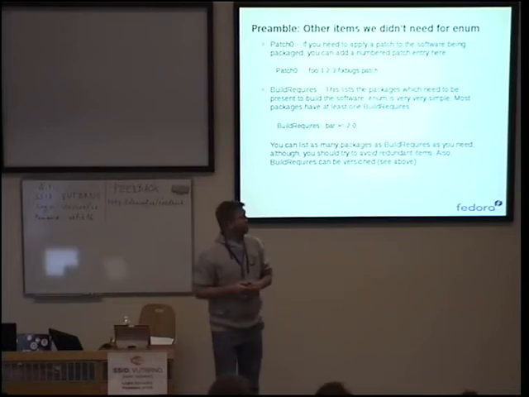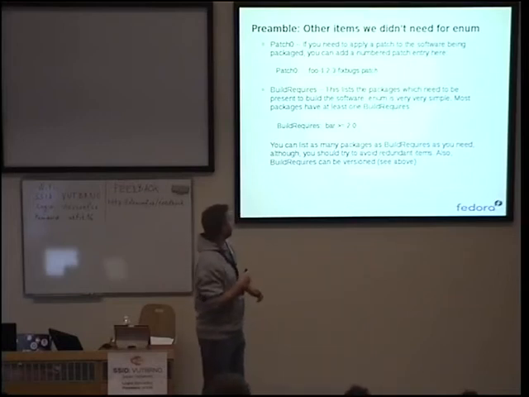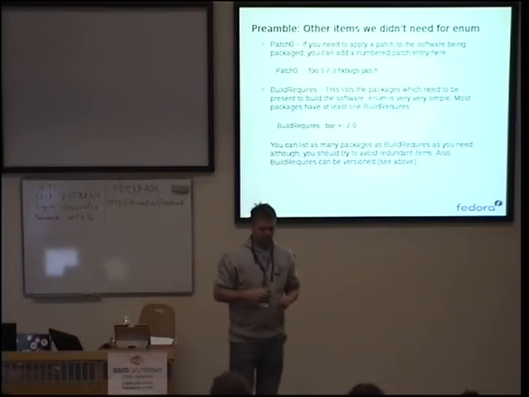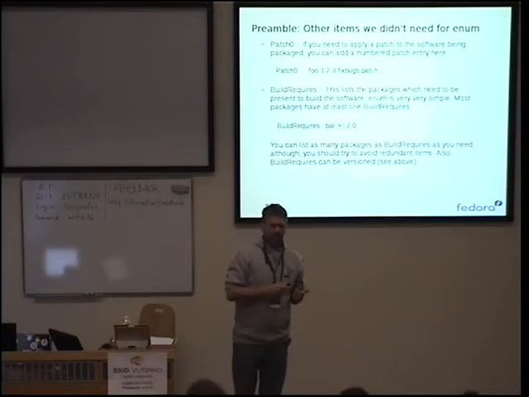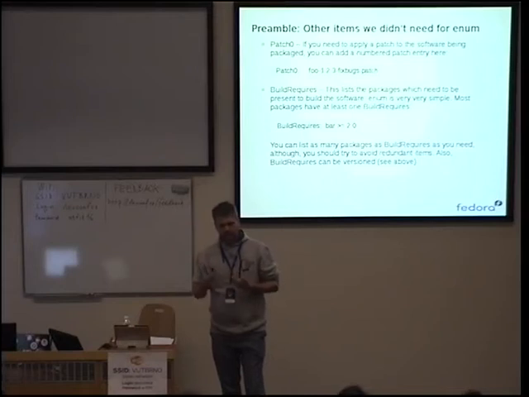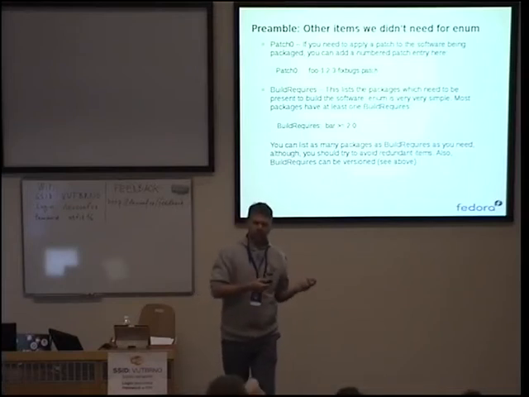And another thing we didn't use is BuildRequires. This says which packages we need during build time. We don't need them for runtime. For example, when we are building some binary package, we need GCC, but only during the build time.